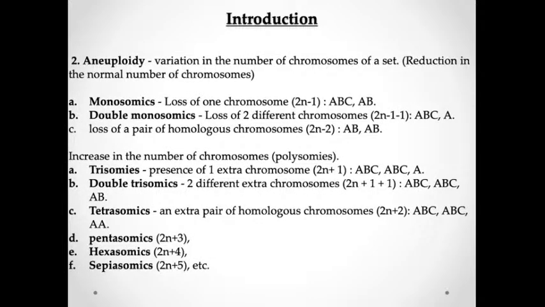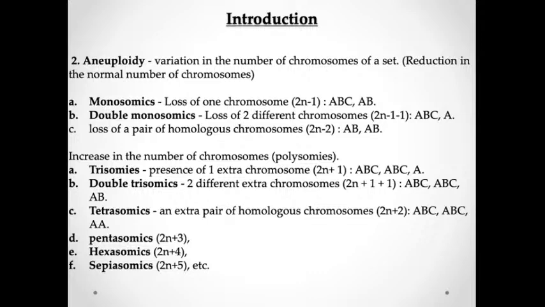Whereas aneuploidy is the variation in the number of chromosomes, that is a reduction in the normal number of chromosomes. Monosomic is loss of one chromosome, that is 2n minus 1. Double monosomic is loss of two different chromosomes, 2n minus 1 minus 1. Then loss of a pair of homologous chromosomes, 2n minus 2.